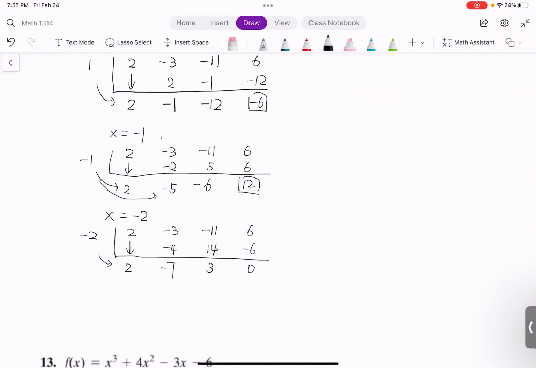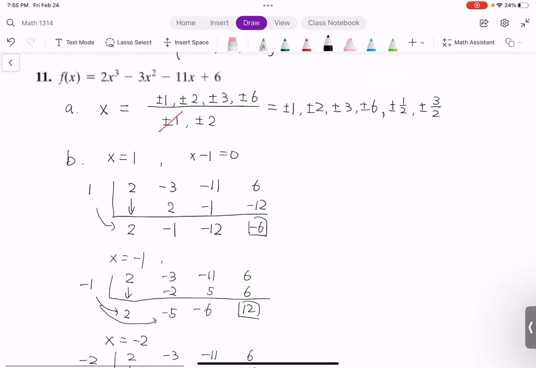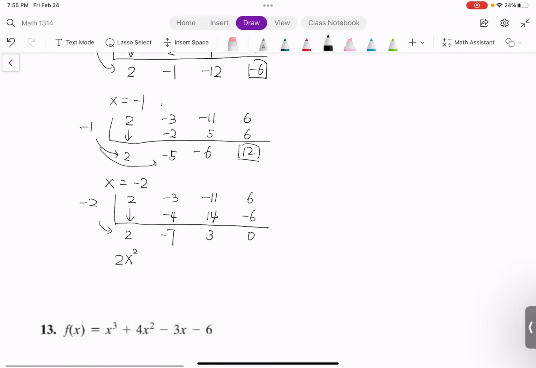Now the quotient part is 2x squared. I think that must be squared because here is a 3. So 2x squared minus 7x plus 3. This is the quotient. So f of x can be written as the quotient times the divisor: 2x squared minus 7x plus 3 times the divisor.